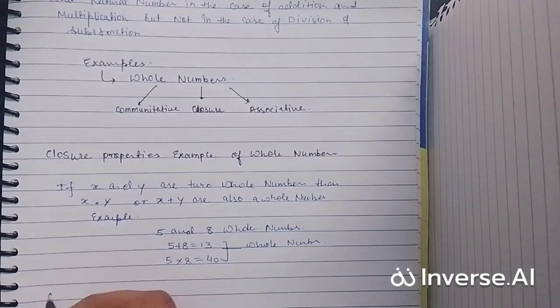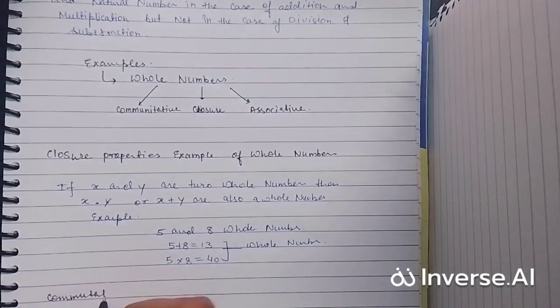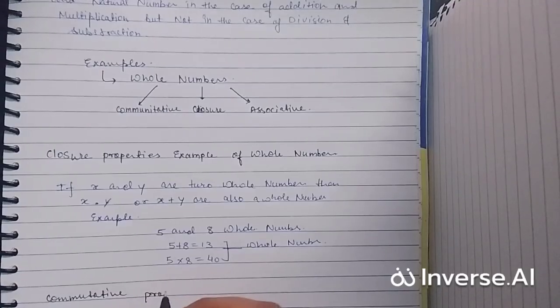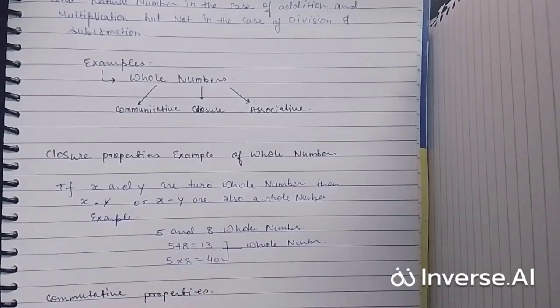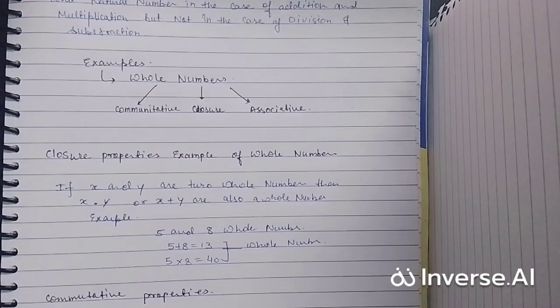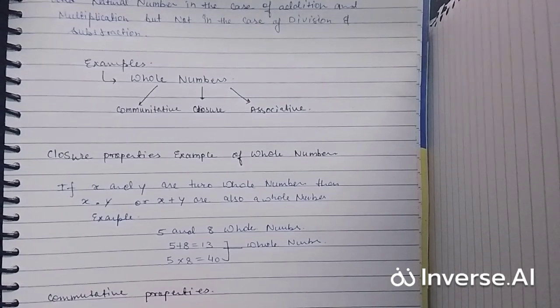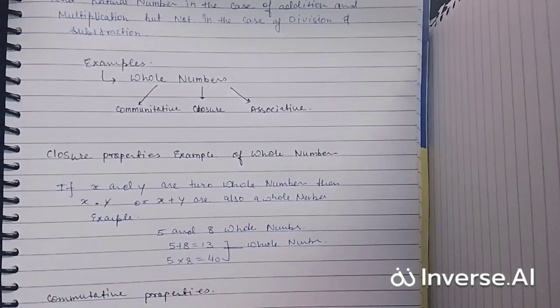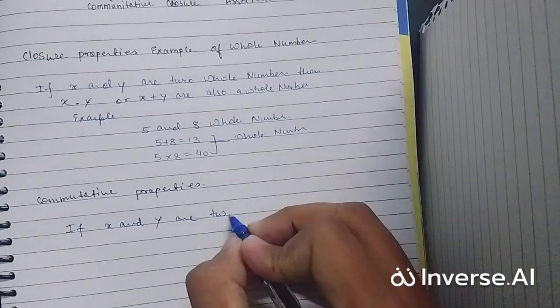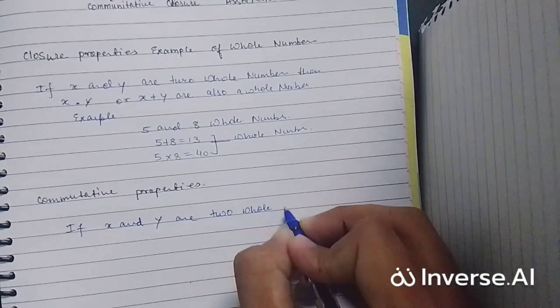Then we will learn about commutative property. First, the sum and product of two whole numbers will be the same whatever the order they are added or multiplied. If x and y are two whole numbers, x plus y equals y plus x, and x into y equals y into x.